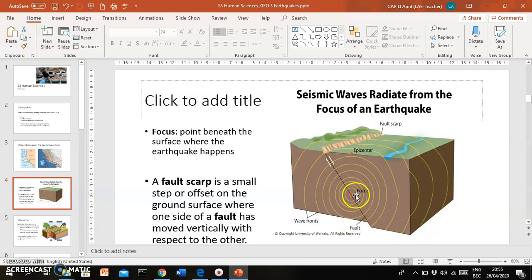But in the rock, the point where the energy is released is called the focus. Okay, this is a fault scarp. That means that one part of the crust of this rock is elevated, becomes higher than the other, because you can see here that this piece of rock basically splits, and one part of it just moved up. So that's a fault scarp.